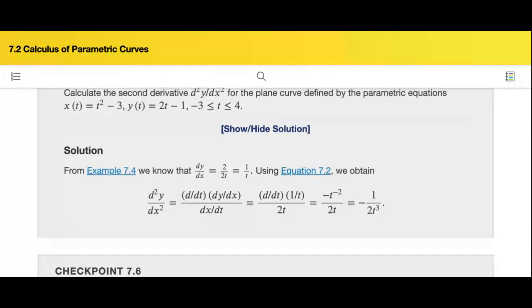Actually, let me write it as d of dy/dx over dx.